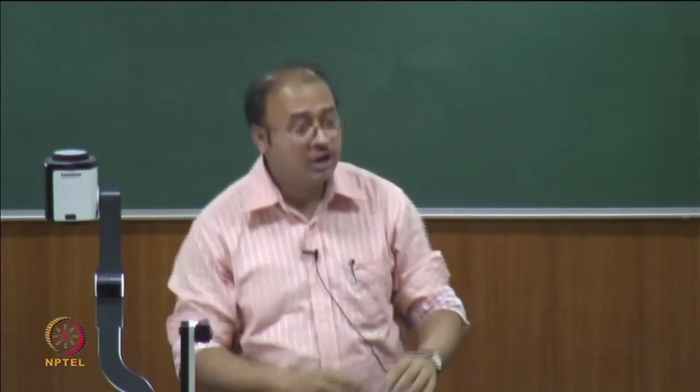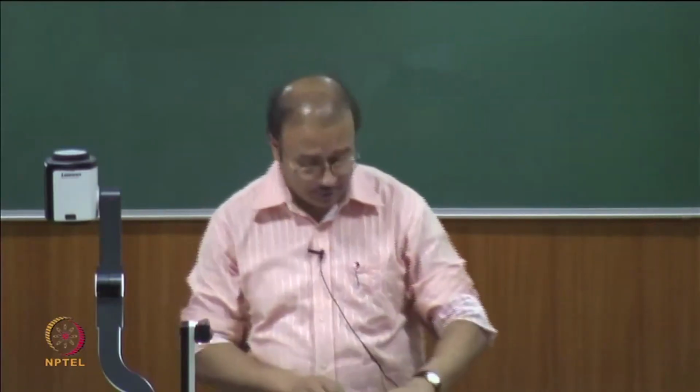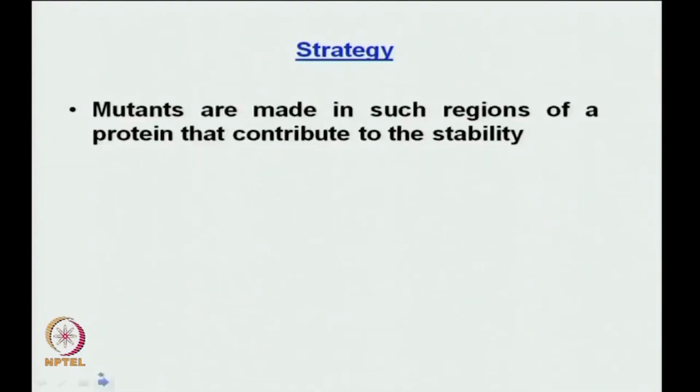Then what is your strategy? Your strategy is this. The first one is, you have to make mutants in such regions of the protein that contribute to the stability. Now, it makes sense, right? If you take a certain mutant which has very little effect on the stability of the protein, you are not going to get much information, because the native structure of the protein is not exactly determined by that amino acid.